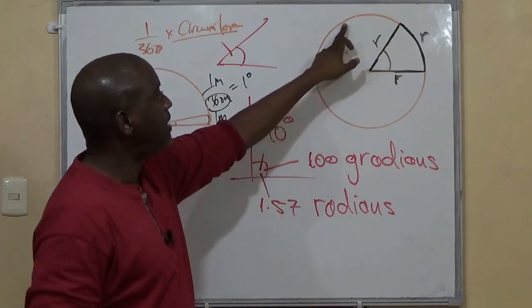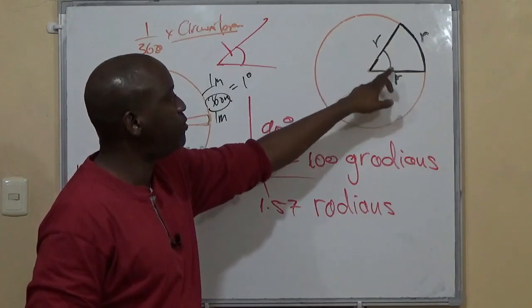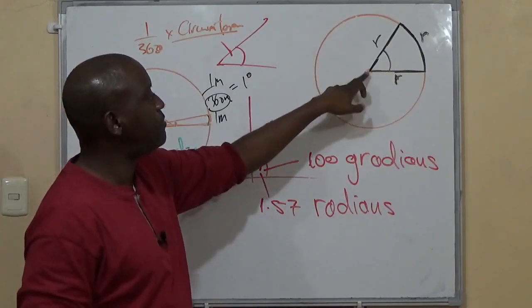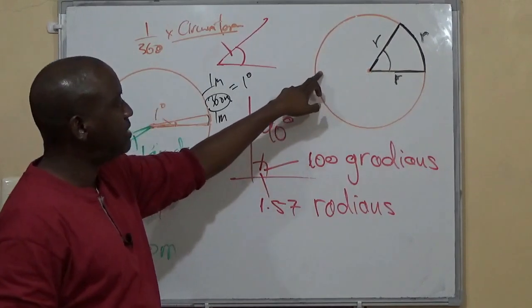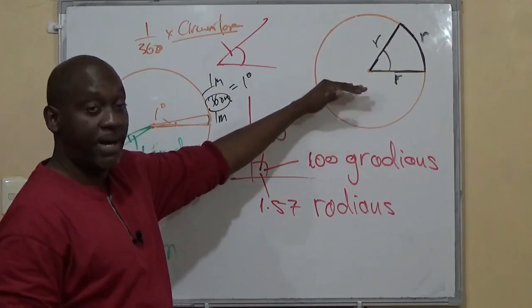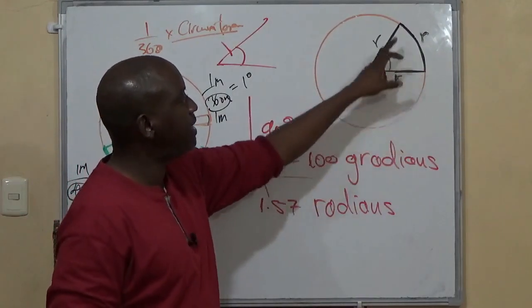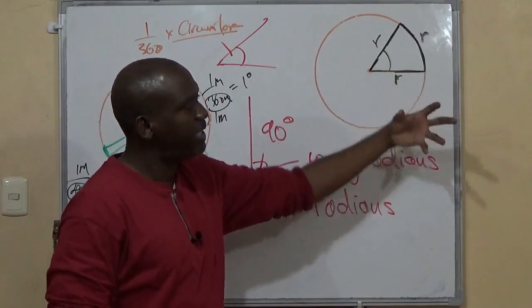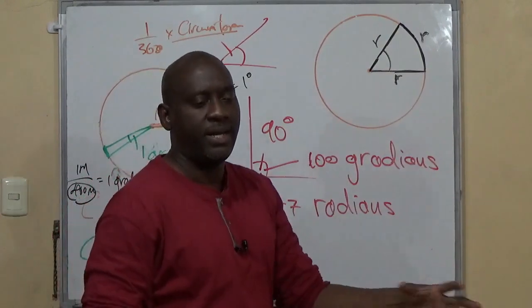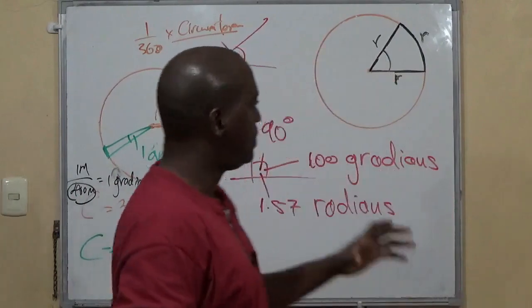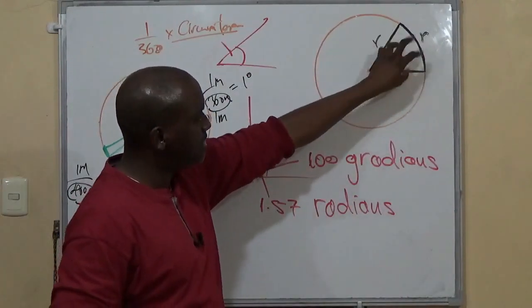You make another r, boom, you have 2 radians at the center. Another r, boom, you have 3 radians, and you have a little thing left off here. That's a pi that we'll come to a little later. You go all the way around the circle, you'll end up with 6 of these with a little bit, 0.28, and that's what will give you 2 pi, which we'll come to a little later. But for now, we're just talking about the definition.